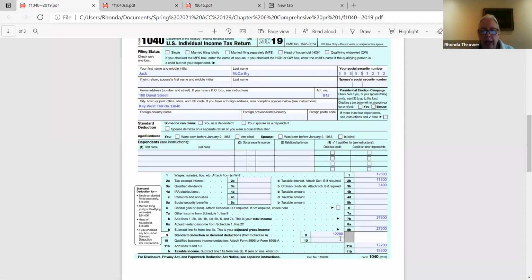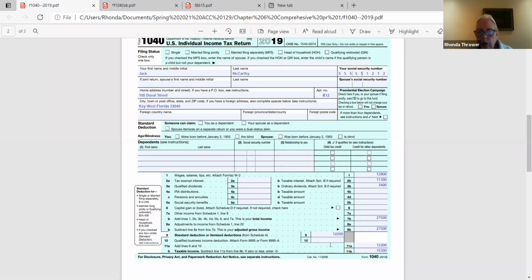Then on line 9, we would put the standard deduction of 12,200. This child is single, and the standard deduction for single is 12,200. So that 12,200 on this form goes right here.